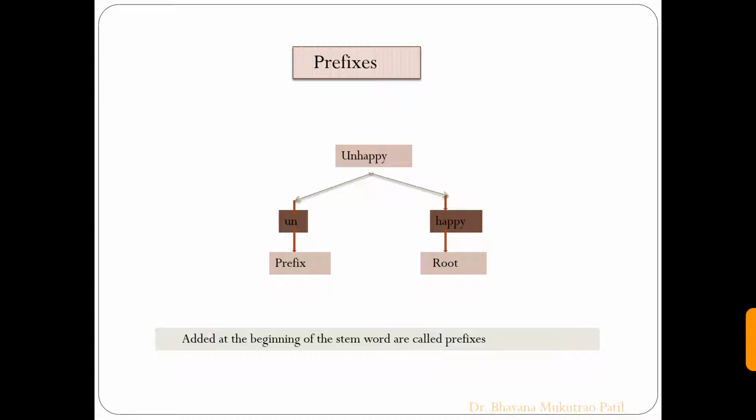Now see here, the first type of affix is a prefix. What is a prefix? A prefix is what we add at the beginning of the stem or the beginning of the word. For example, here happy. Happy is a free morpheme, that is a root. We add un. So un is a prefix. We add it at the beginning of happy, and we get the opposite meaning, unhappy. So in this way, what we add at the beginning of the word is called a prefix.